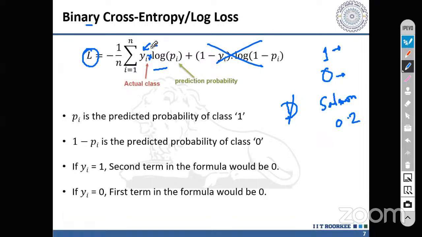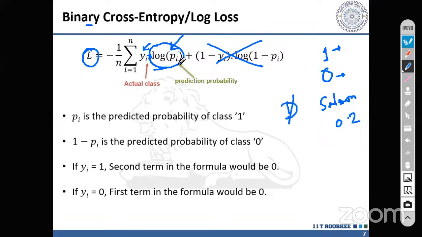So either log pi will be used or log 1 minus pi will be used. Whatever class levels you have, you will get only one of these predictions.